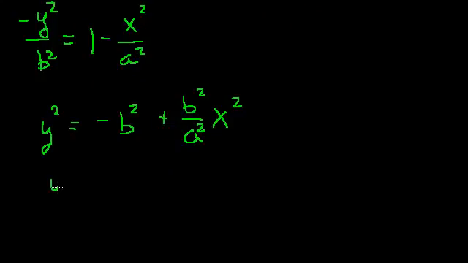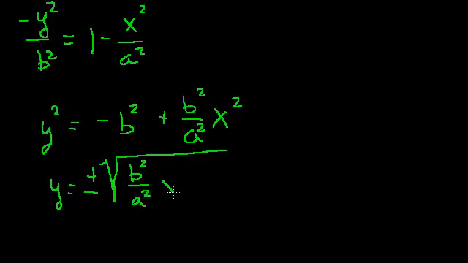And then you get y is equal to, and I'm doing this on purpose, the plus or minus square root, because it can be the plus or minus square root, of, and let's switch these around just so I have the positive term first, b squared over a squared x squared minus b squared.